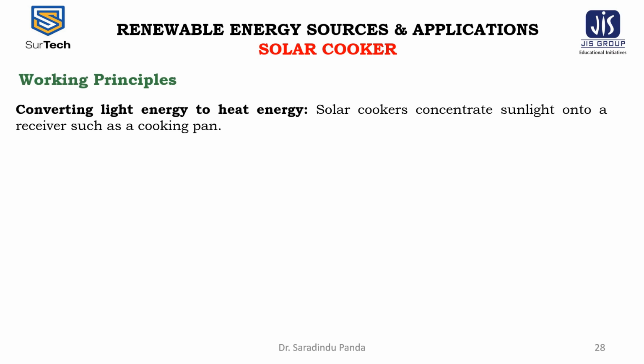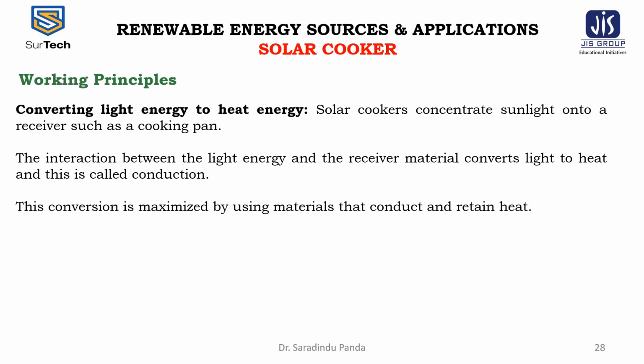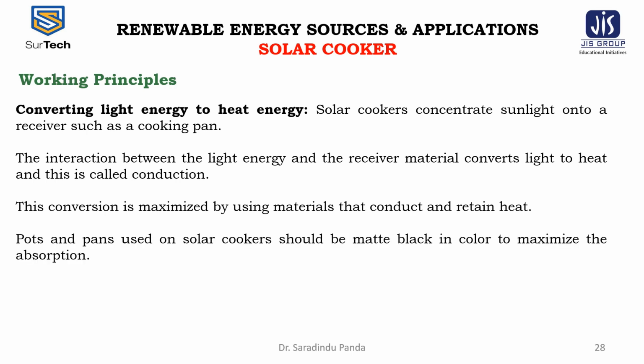Converting light energy to heat energy, the solar cookers concentrate sunlight onto a receiver such as a cooking pan. The interaction between the light energy and the receiver material converts light to heat. This conversion is maximized by using materials that conduct and retain the heat.